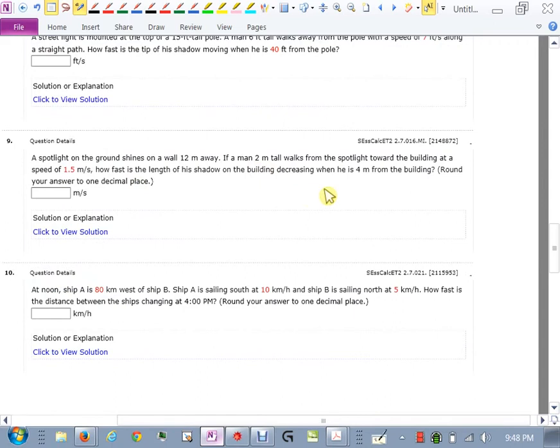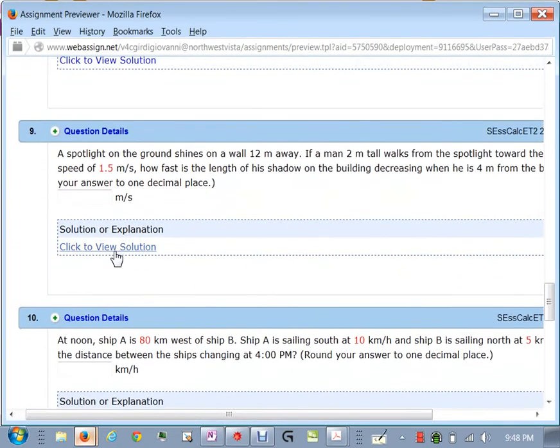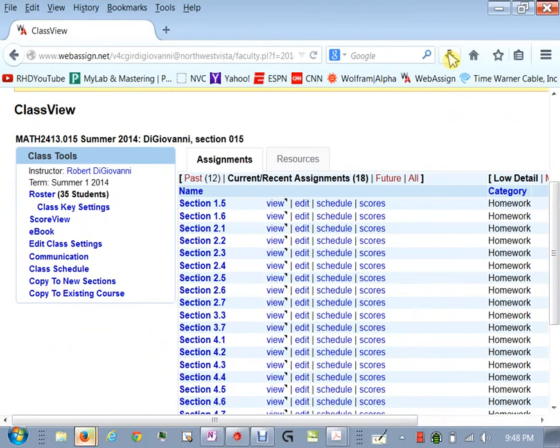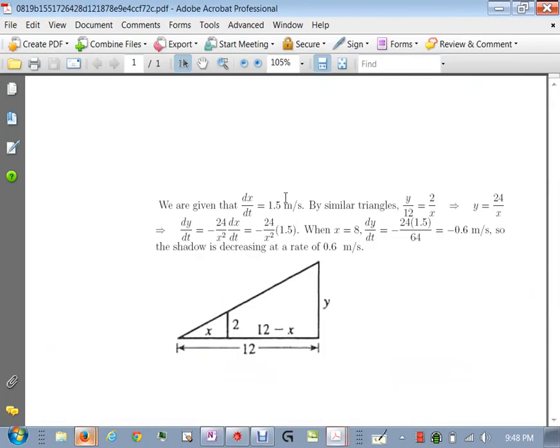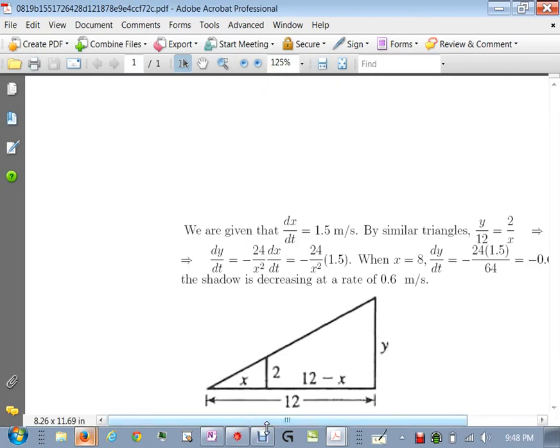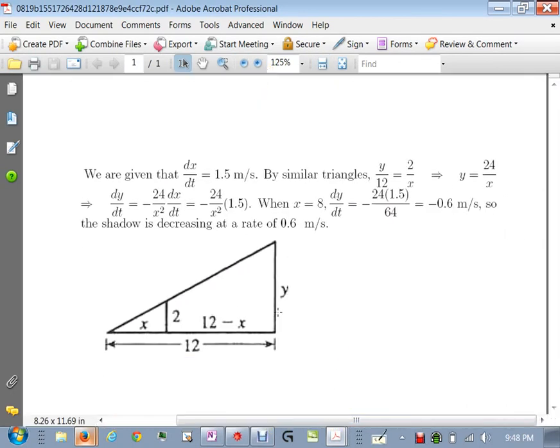I think 9 is very similar to the one I just did, and 10 is similar to the one I did a little while ago. So let me just show you the solutions to those. So 9, bring this up, and give you a second there to pause the video and take a look at that solution if you need to. Again, that's a similar triangle problem.